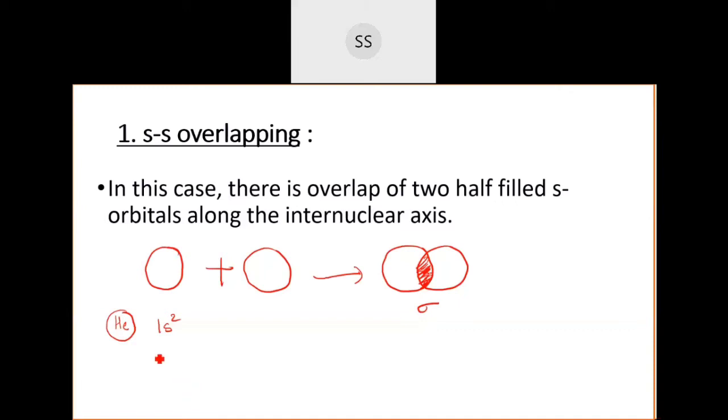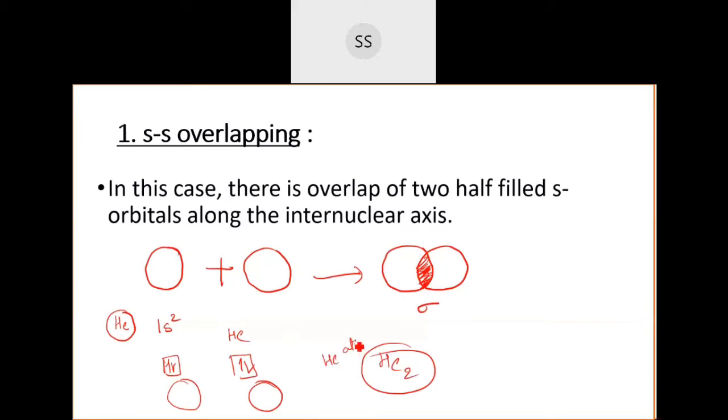Here, in one 1s orbital two electrons are paired, and in another helium atom's 1s orbital, electrons are again paired. Can you take this paired electron and combine it with another orbital? The fusion of these s orbitals will not be possible, because electrons are already paired. That is the reason why the helium molecule does not exist. We have only the helium atom existing.